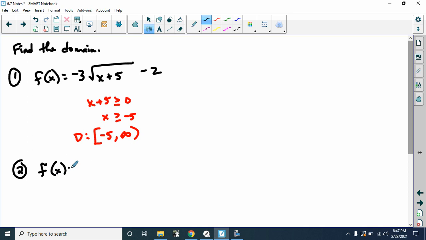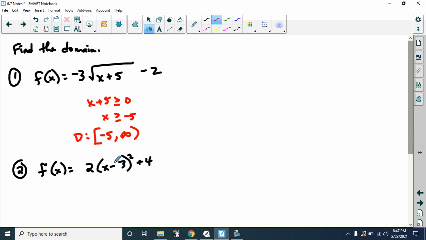Let's go f of x equals 2 times x minus 3 squared plus 4. Well, this time I don't have a square root. This time I'm squaring. When I square something, I can square positive numbers.